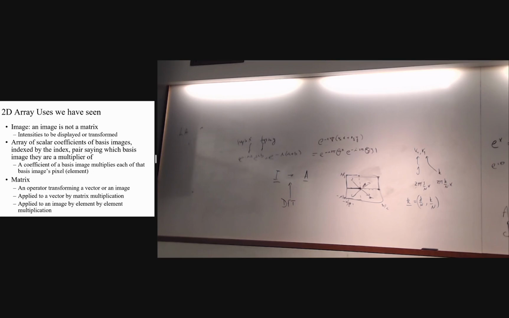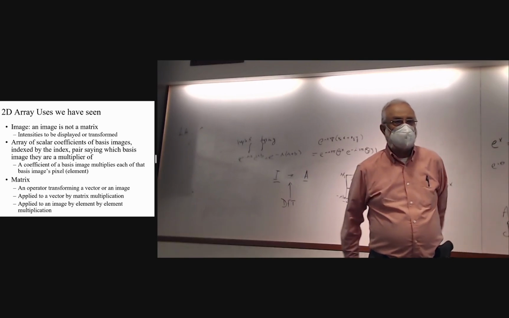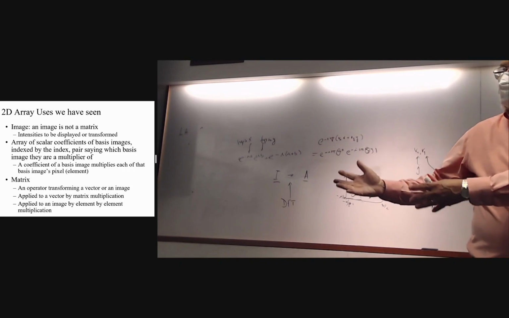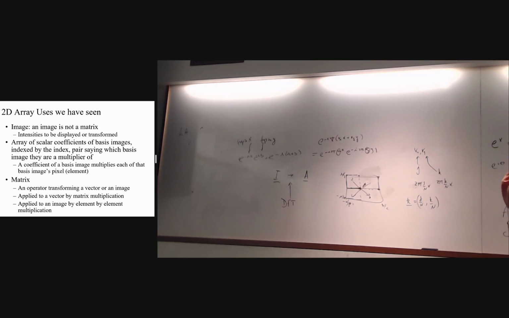In fact, any linear operator, whether it's shift invariant or not, will be able to be understood as a matrix multiplication. So these matrices associated with operators could be thought of as arrays. But for us, we've seen image arrays, but we've also seen these coefficient arrays, a magnitude array and a phase array. Two images, two arrays.